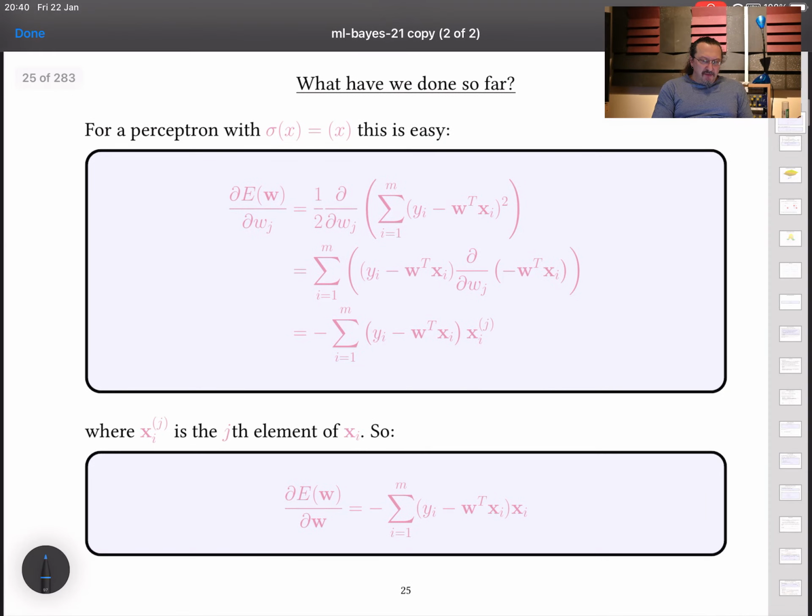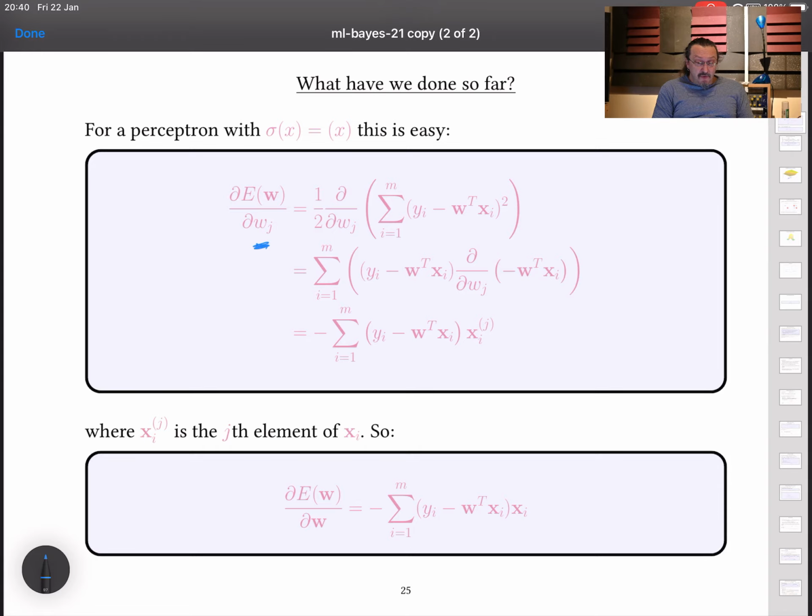Now for a perceptron, when we're doing regression, this is easy. Again, this is something that I derived in the course last year, so we're really just still on revision at the moment. The derivative of E of W with respect to an individual weight, the jth weight in the weight vector bold W, is something that I get just by differentiating with respect to that jth weight.